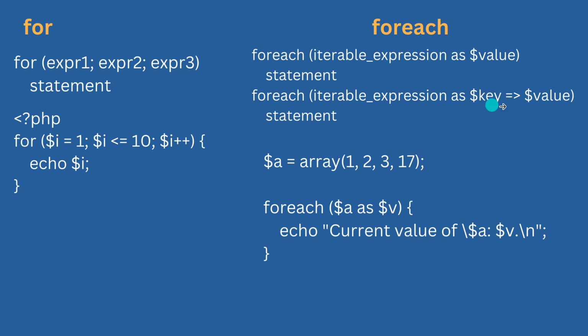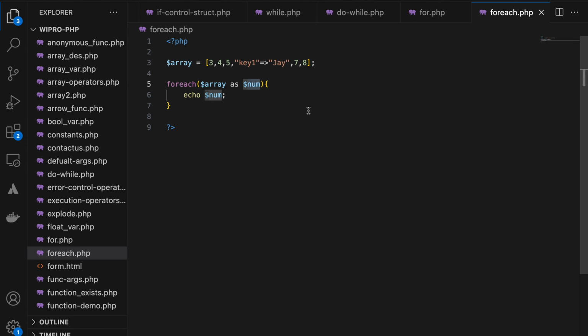Now you can also get the key and value both. How?